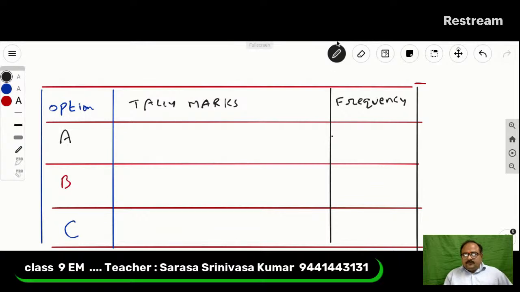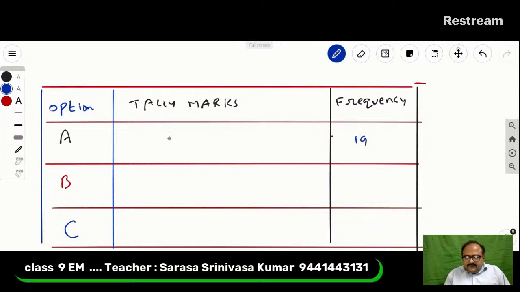Now, how many A's are observed there? 19 A's are there. We observed 19. The frequency of option A is 19. So we should write 19.